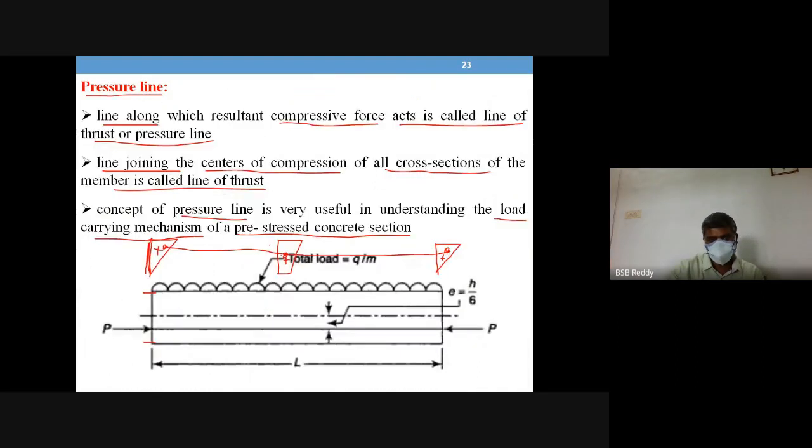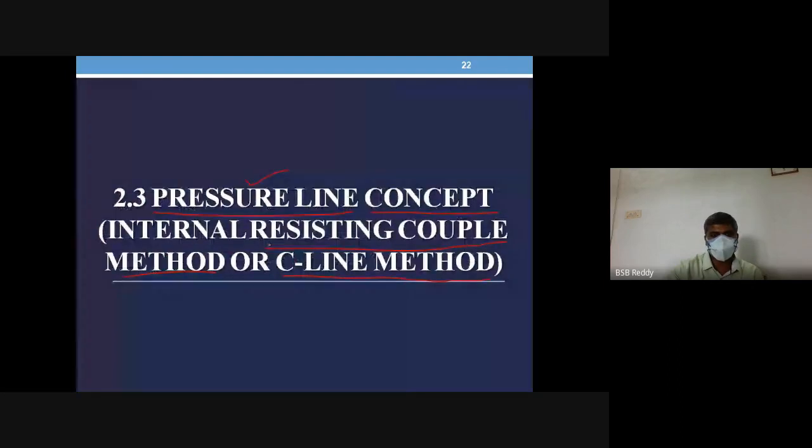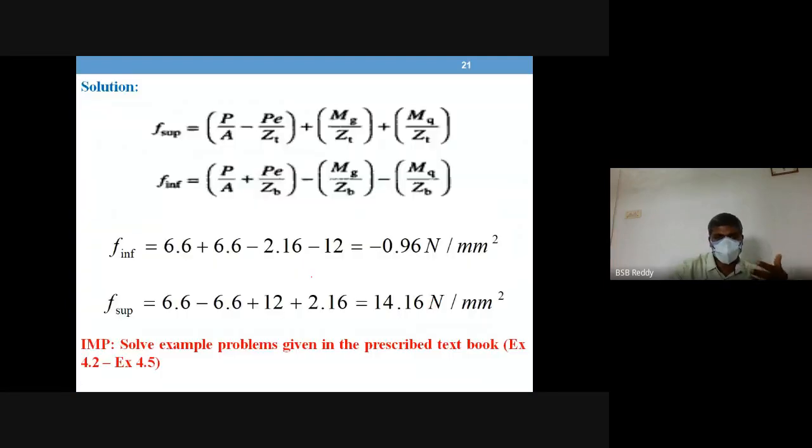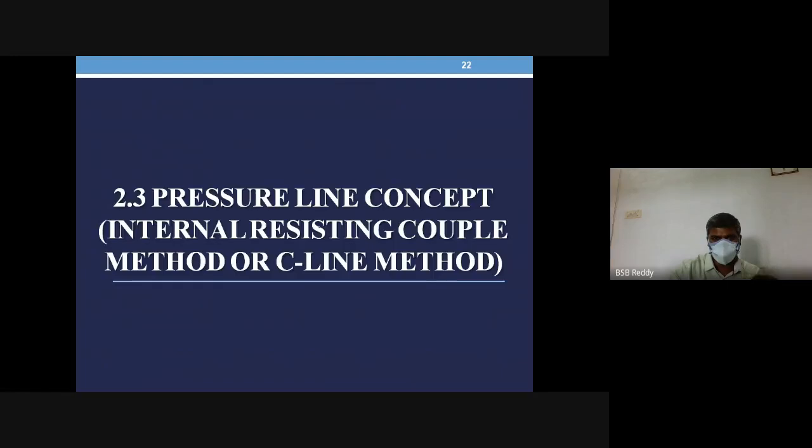Okay. So in this session, I have introduced you to another concept of finding resultant stresses. The first concept is directly finding resultant stresses from the stresses due to pre-stress, dead load and live load. Now, using the C line, we can find the resultant stresses again.